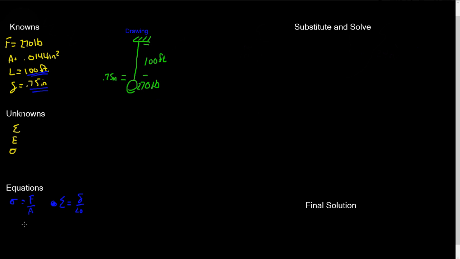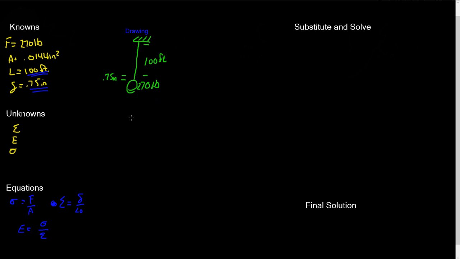The third one is the modulus of elasticity, which is equivalent to the ratio between my stress and my strain. So, stress over strain. All right, so I think that'll work out. Nothing really to add there, so let's go ahead and start solving.